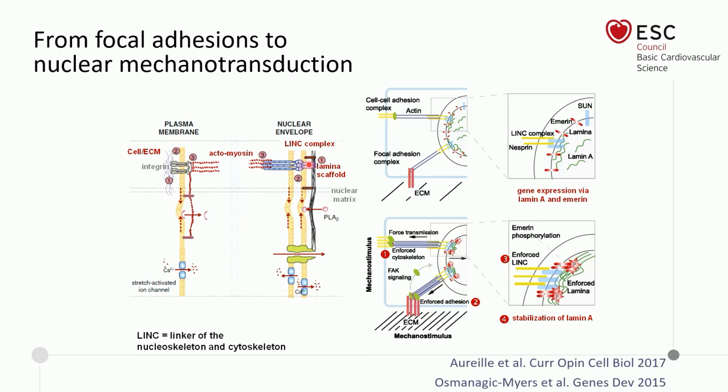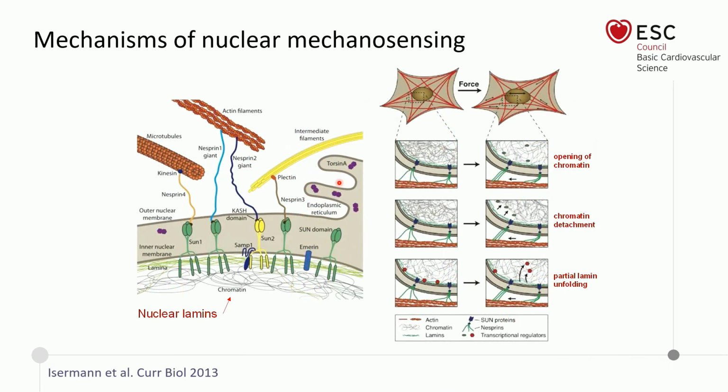And into the nucleus, there is a dynamic complex between acto-myosin, the link complex, and the laminar scaffold. Briefly, at the inner membrane of the nucleus, there is a link between nesprin, in the outer part of the nucleus, with SUN proteins in the nucleus membrane.